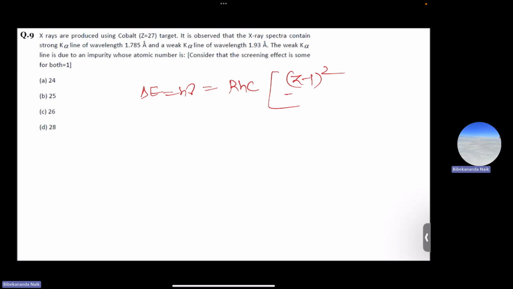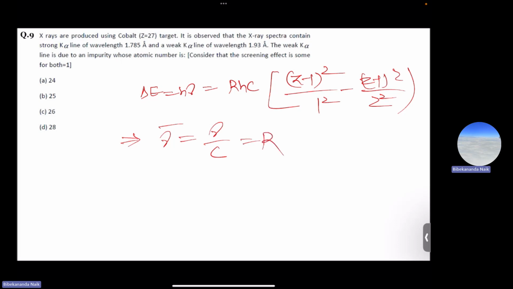So (Z minus 1) square divided by 1 square minus (Z minus 1) square divided by 2 square. Like in the case of the hydrogen atom, where we take the Bohr value, it is more or less like this only.